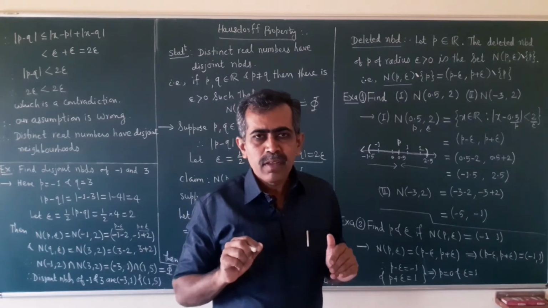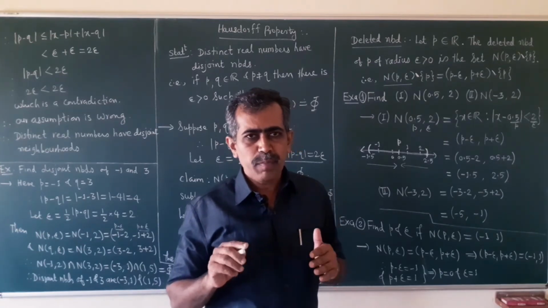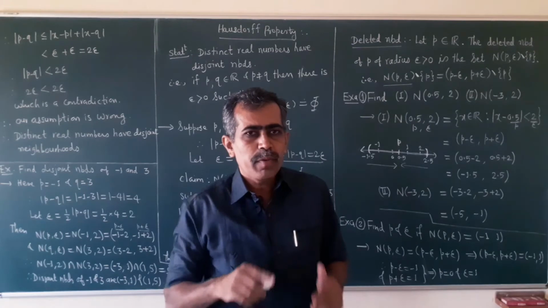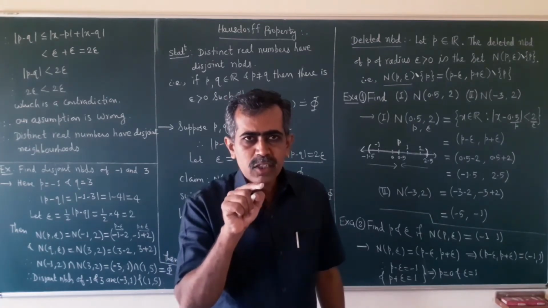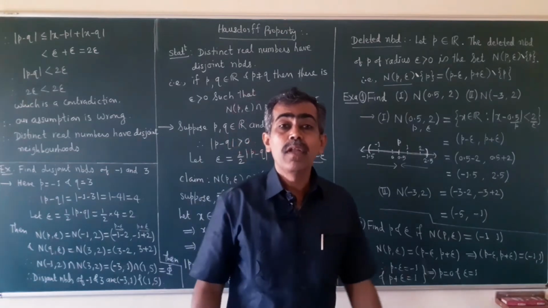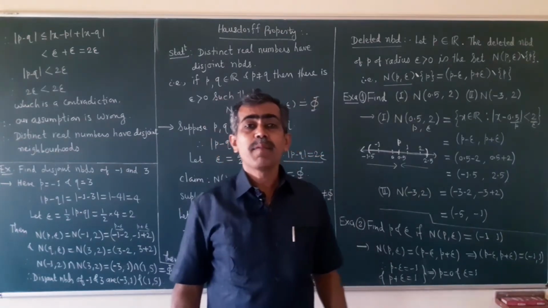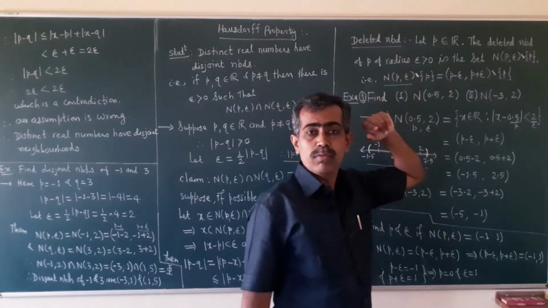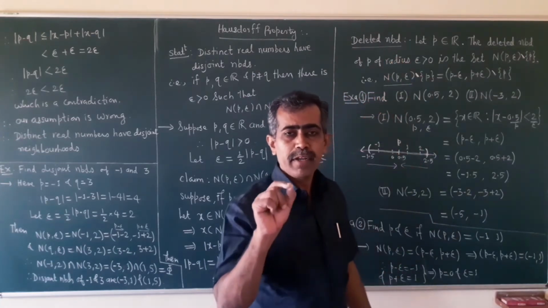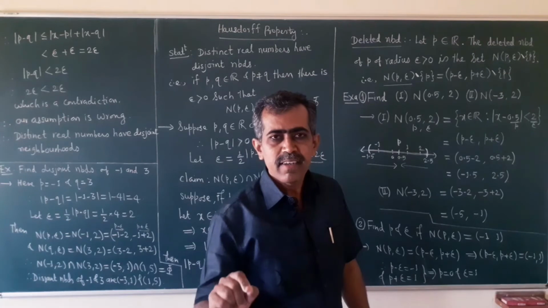It is tending to 0.5 but never equal to 0.5, meaning we are deleting 0.5. So when we consider limit or continuity, we always consider the deleted neighborhood of the point whose limit we are considering.